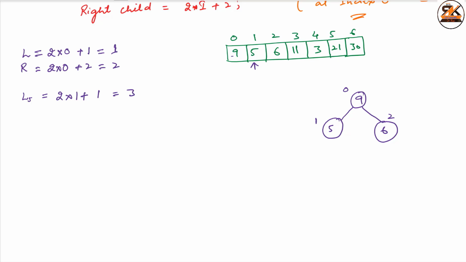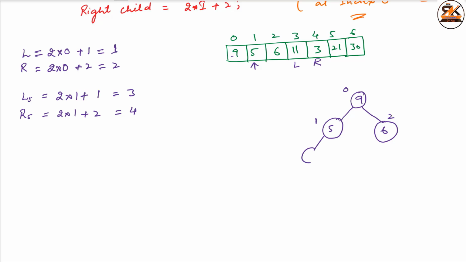So 3 would be the left child, that is at index 3. Okay, and the right child of 5 is equal to 2 into 1 plus 2, that is at index 4. Okay, this is going to be the right child of 5.